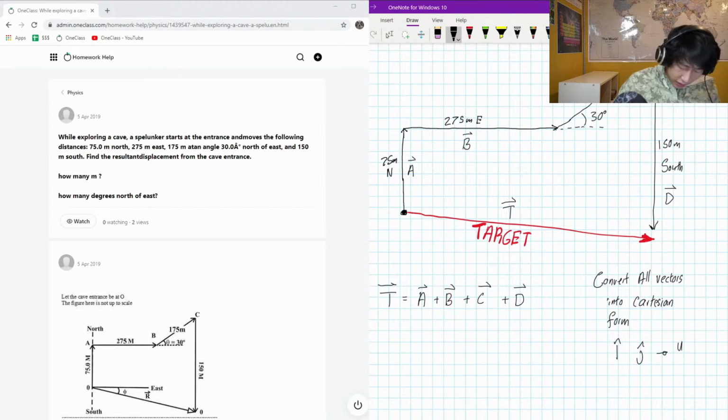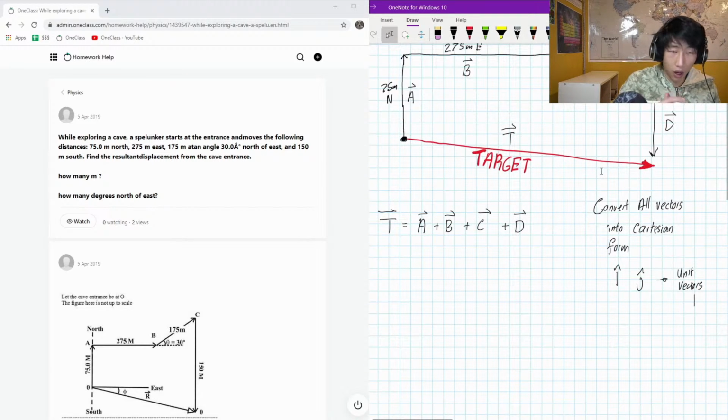These will be our unit vectors. i is going to correspond to east being positive, and j is going to correspond to north being positive.